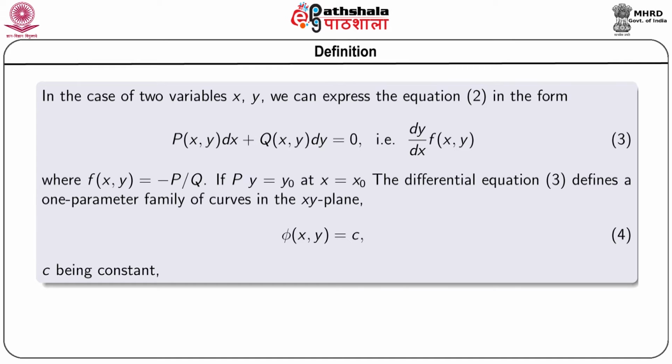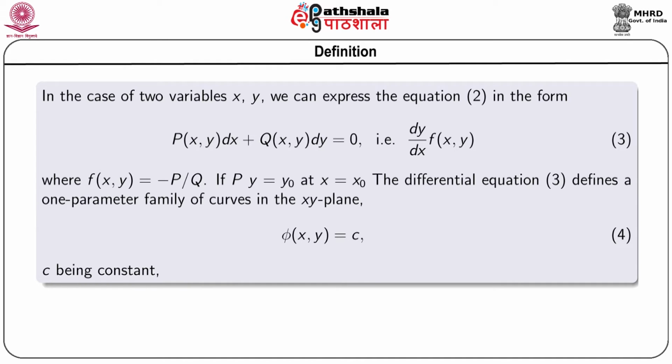In particular, if P and Q are single valued functions, then f is also a single valued function. So, for that case, equation 3 can be solved easily, and if we take the initial condition as y = y0 at x = x0, then the solution of 3 is a curve which passes through the point (x0, y0).